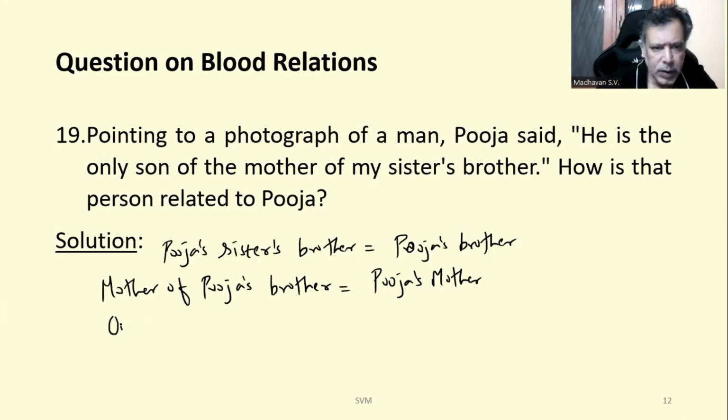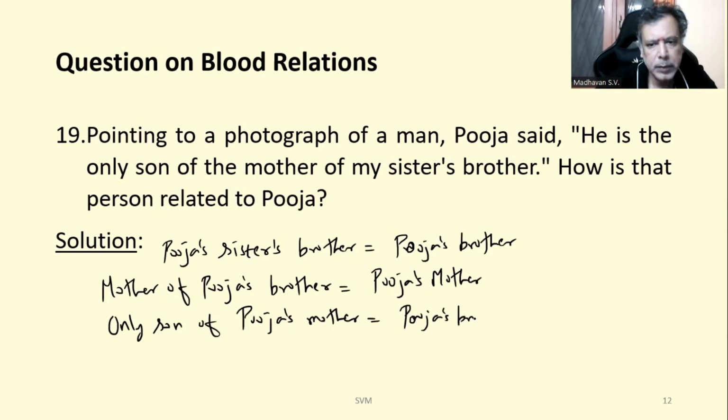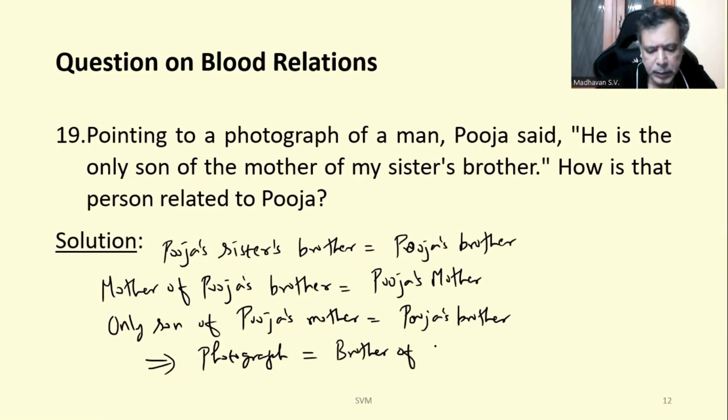So only son of Pooja's mother will be Pooja's brother only. Which means the photograph is brother of Pooja. That will be the solution for this particular question.